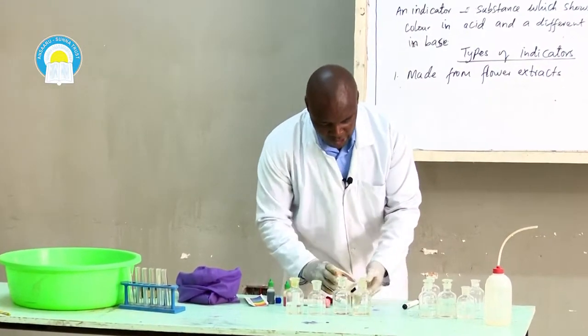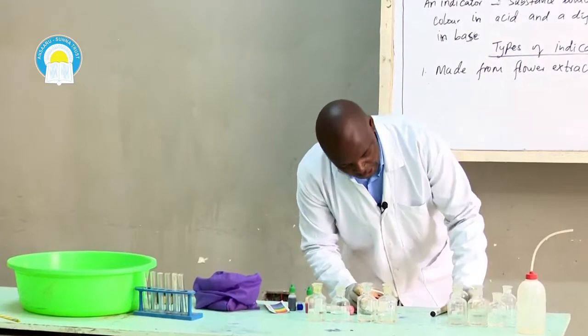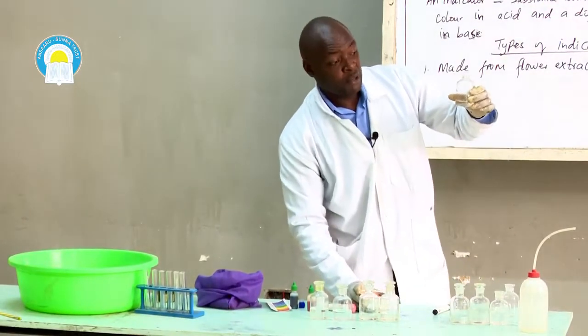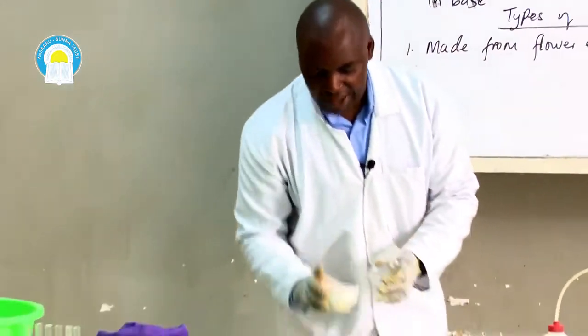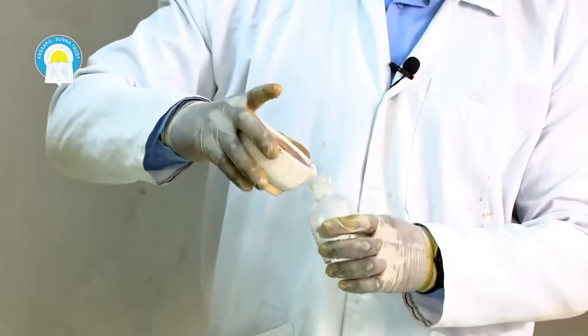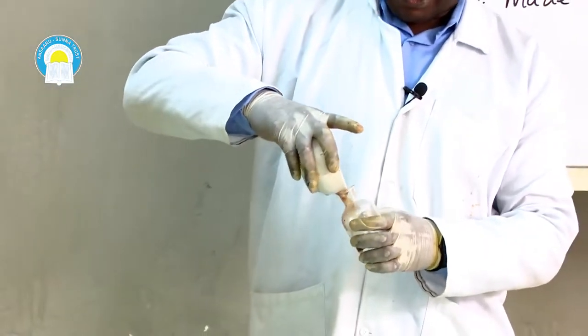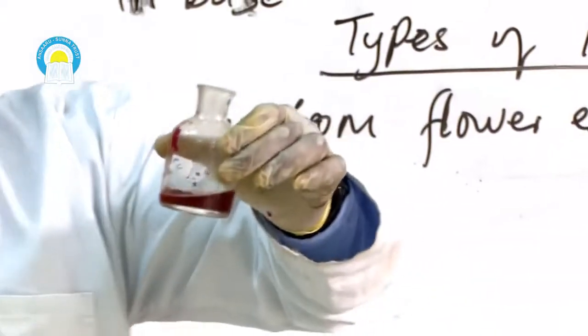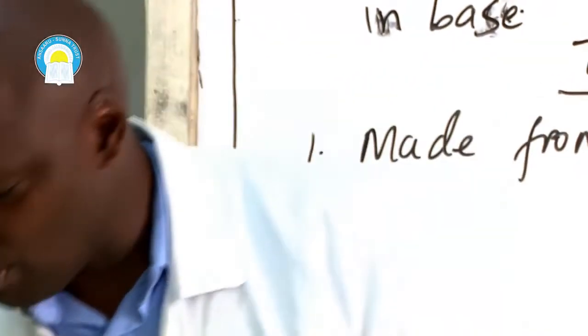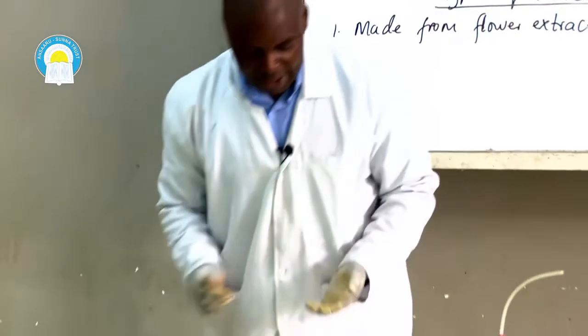Now, you see this propanol I've used is colorless. But the indicator that I am obtaining from these flower extracts after crushing has some color. It looks brown. So that is an indicator that we have made from flower extracts.